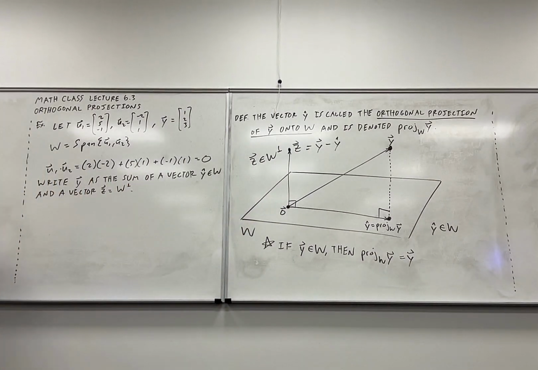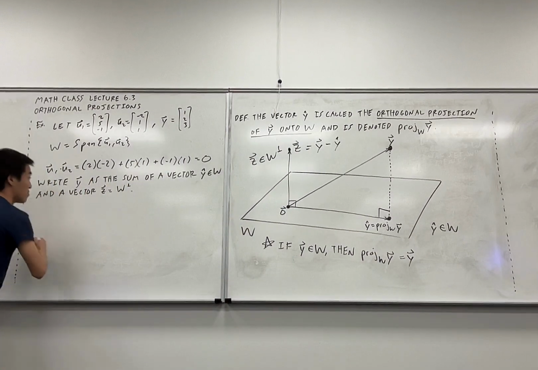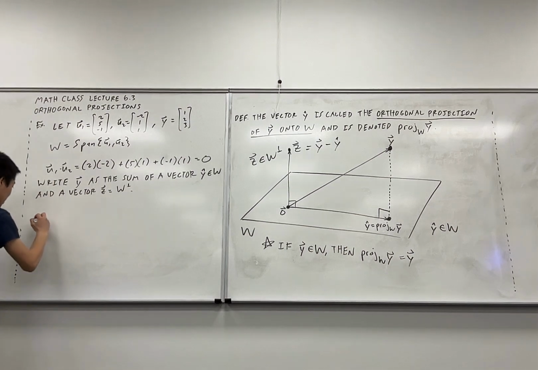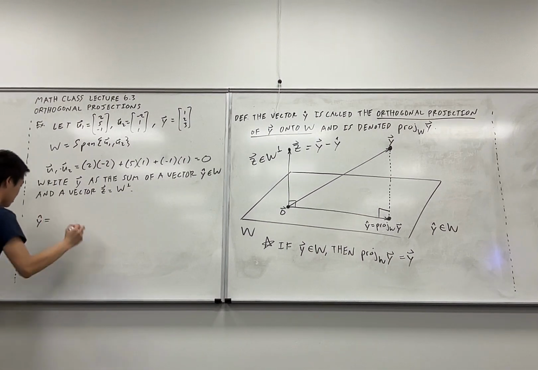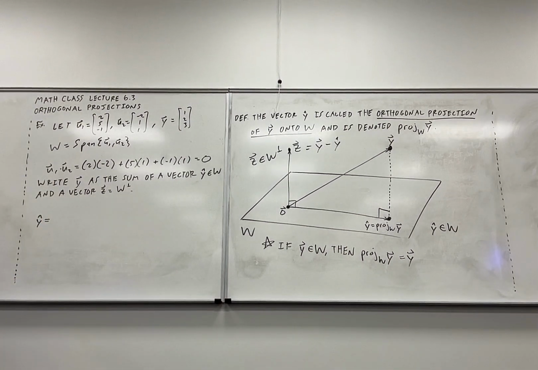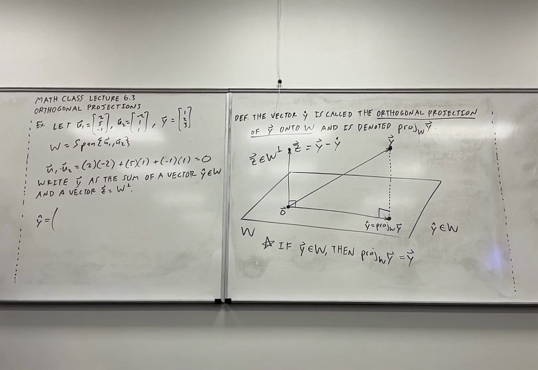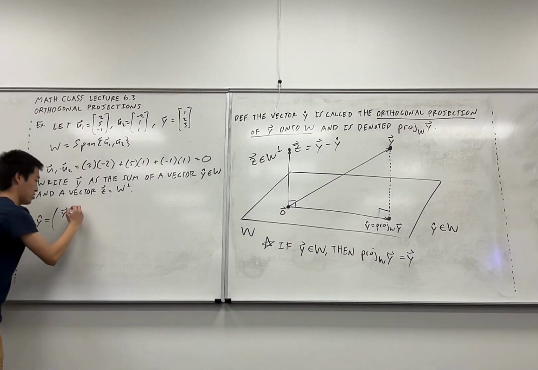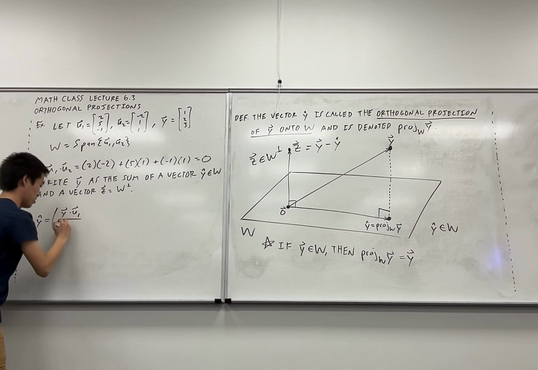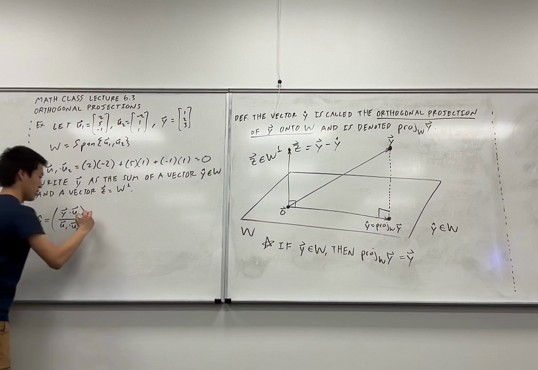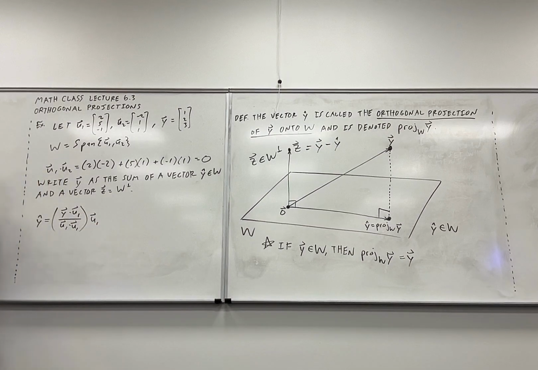When I set this formula up, to find my y hat, which is guaranteed to be in my subspace, y hat is equal to, I know you have it somewhere in your notes, so I'll let you tell me the formula. y dot u1 over u1 dot u1, times u1, plus.